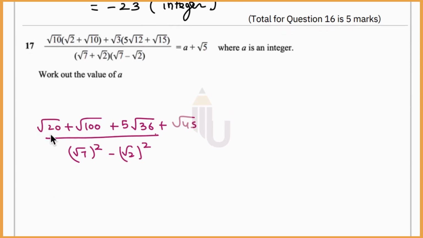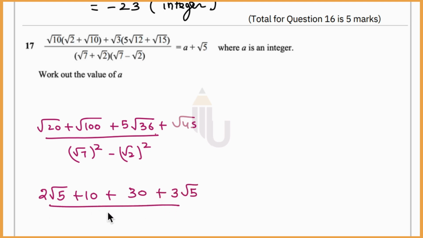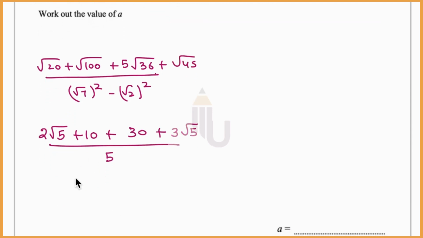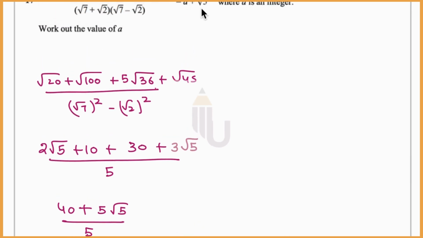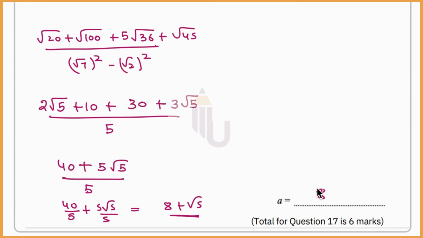So that will be 2 root 5 plus 10 plus 5 6 are 30 plus 3 root 5 over 5. So I'll be left with 40 plus 5 root 5 over 5, and on further simplifying we can write it down as 40 by 5 plus 5 root 5 by 5, and that is equal to 8 plus root 5. If I compare that with a plus root 5, I will get the value of a as 8.